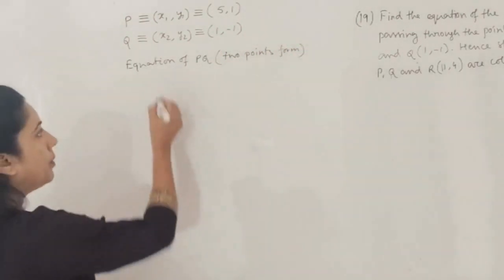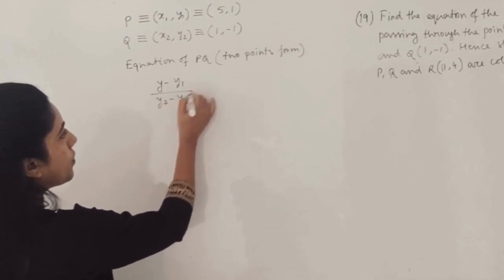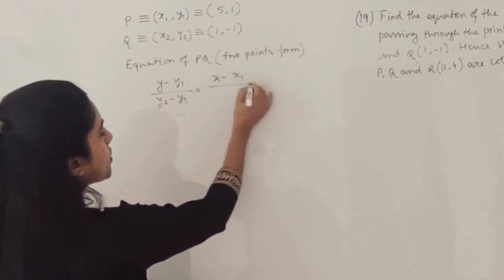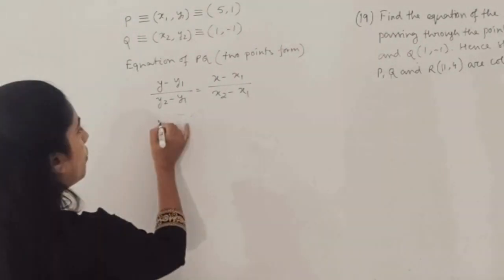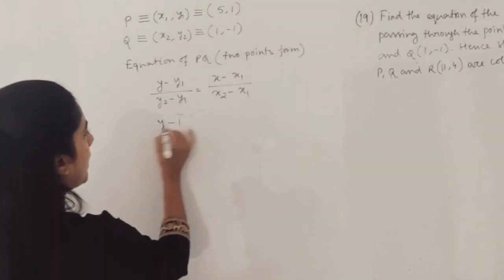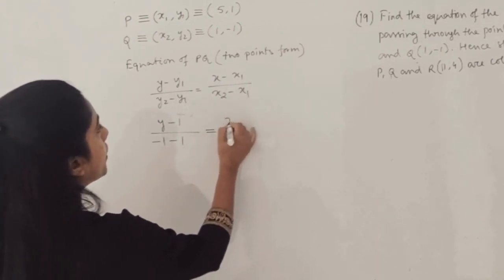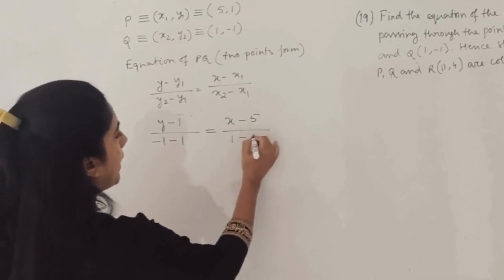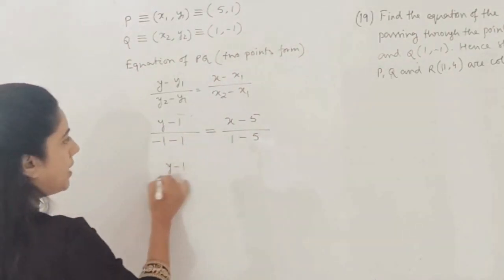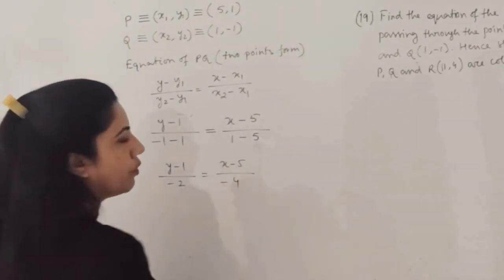First we'll write down the form, that is (y minus y1) upon (y2 minus y1) equals (x minus x1) upon (x2 minus x1). Put the values. y minus 1 upon -1 minus 1 is equal to x minus 5 upon 1 minus 5. So y minus 1 upon -2, x minus 5 upon -4.